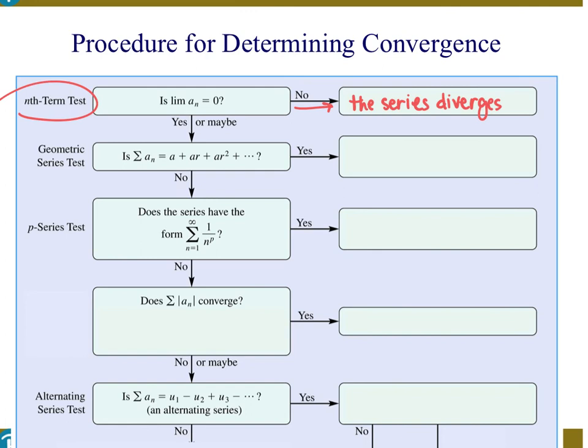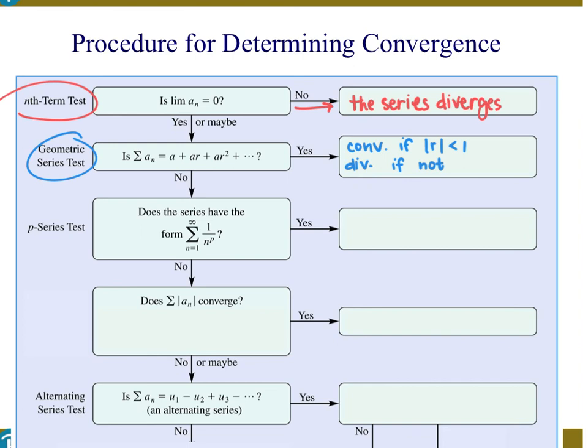So then we move on to the geometric. Is this a geometric series? If the answer is yes, then it converges if the absolute value of r is less than 1, diverges if not, or inconclusive if it's equal to 1.